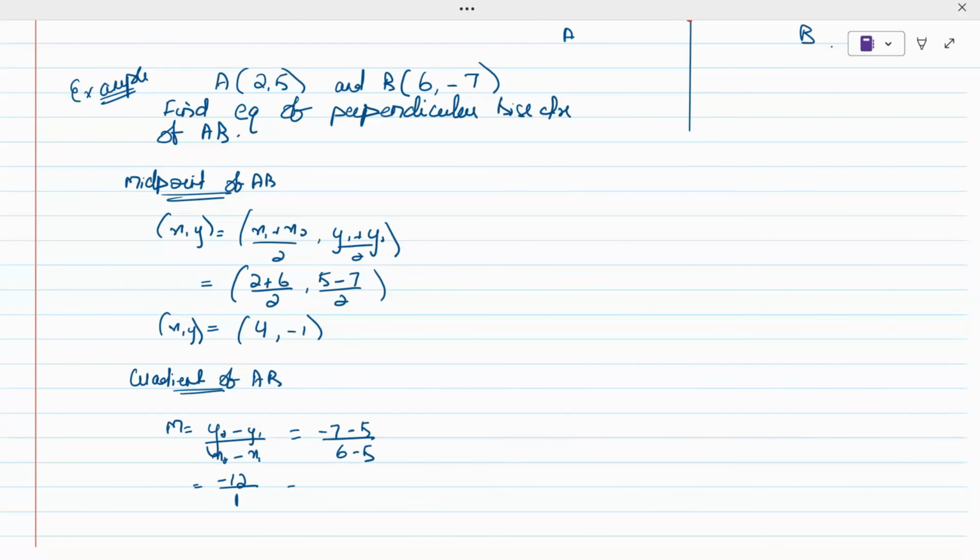So we get the gradient as minus 12. Now we are going for the perpendicular bisector. Sir, shouldn't it be 6 minus 2? Yes, 6 minus 2.